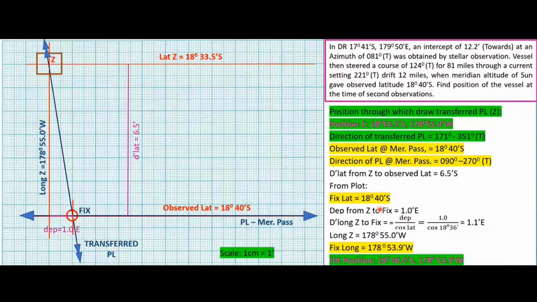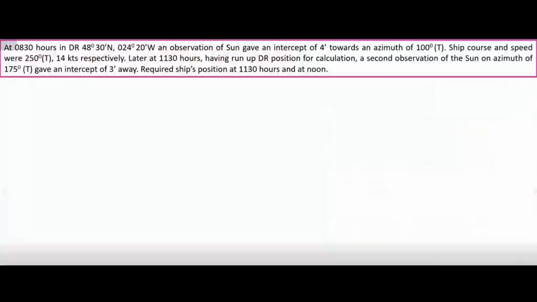And eventually we get the coordinates of this fix as 18 degrees 40 minutes south, 178 degrees 53.9 minutes west. Please see here, this longitude of 1.8 minutes east applied to longitude of Z gives us this longitude of fix, and therefore through deployment of our knowledge of simultaneous observations, we can get this plot done and get our answer.